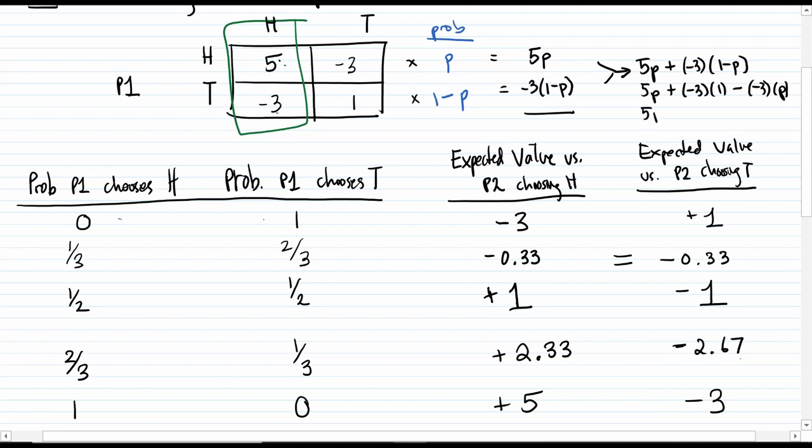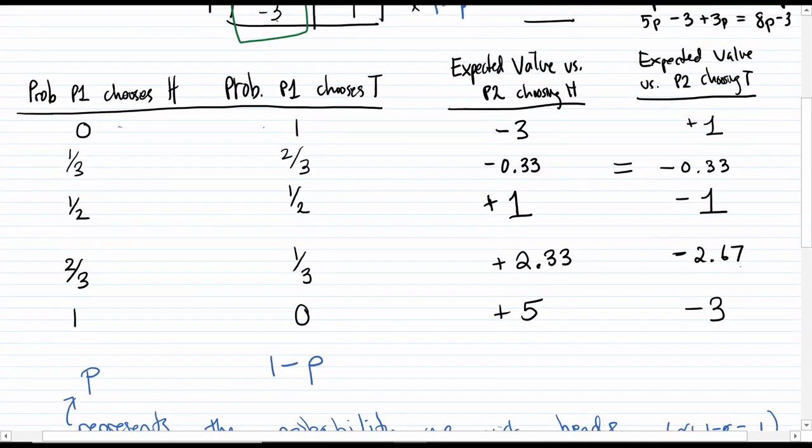So that's 5p minus 3 plus 3p. And I can simplify that even further just by combining all the p's, 8p minus 3. So my expected value versus them choosing heads is going to be given by the equation 8p minus 3.